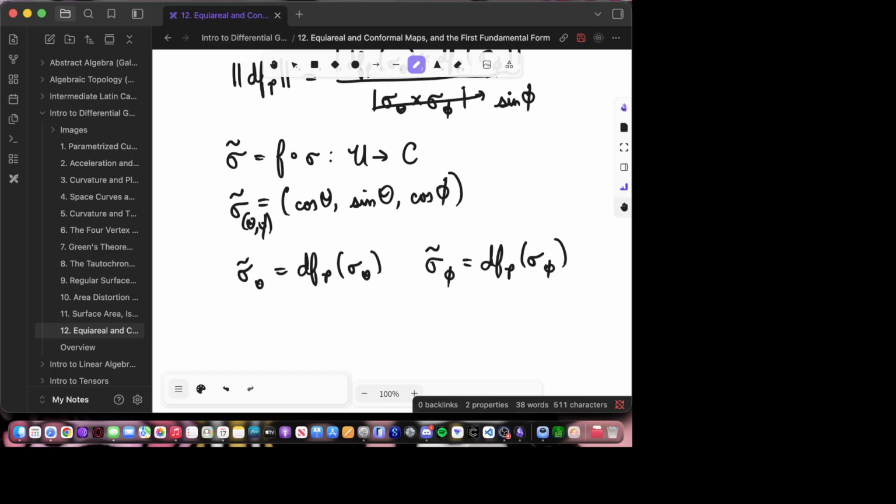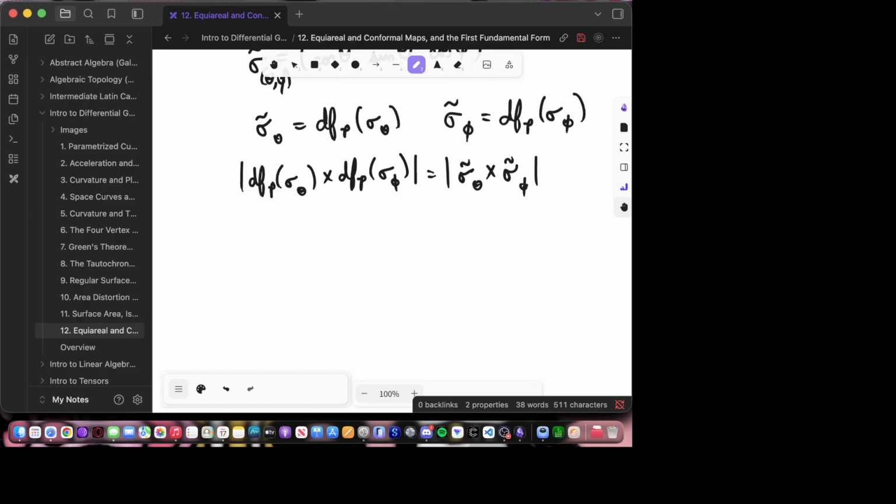So we have df_p of sigma theta times df_p of sigma phi is equal to this.